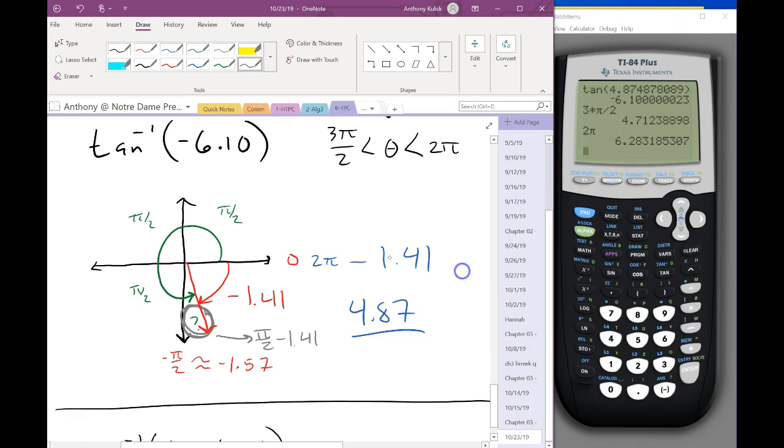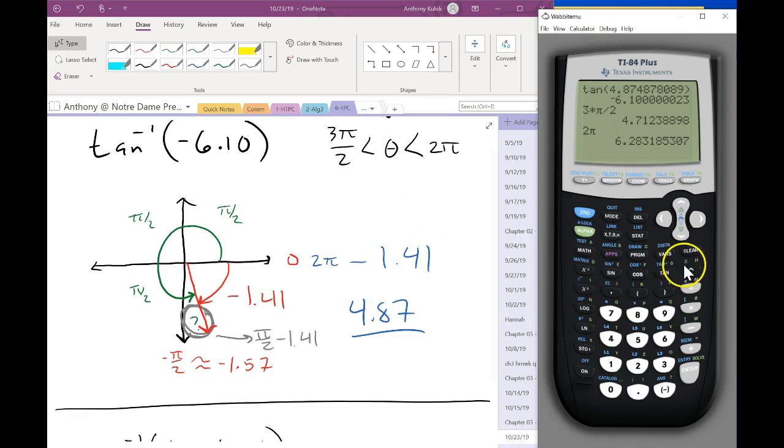So just to illustrate that, if I did pi over 2 minus 1.41, that's this. And then if I add pi over 2 3 times, I get that same 4.87. Okay, so doing it either way is fine.